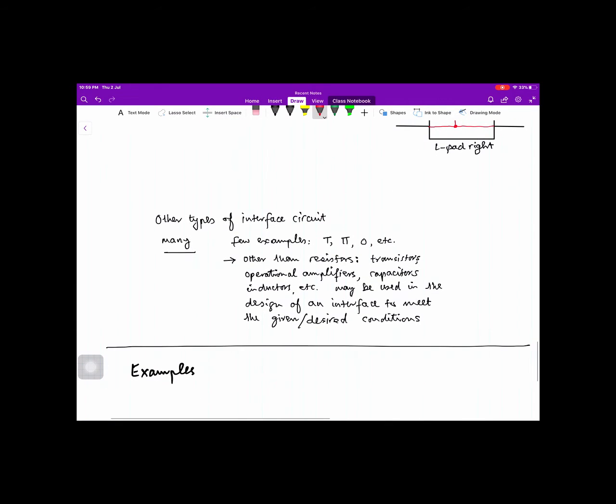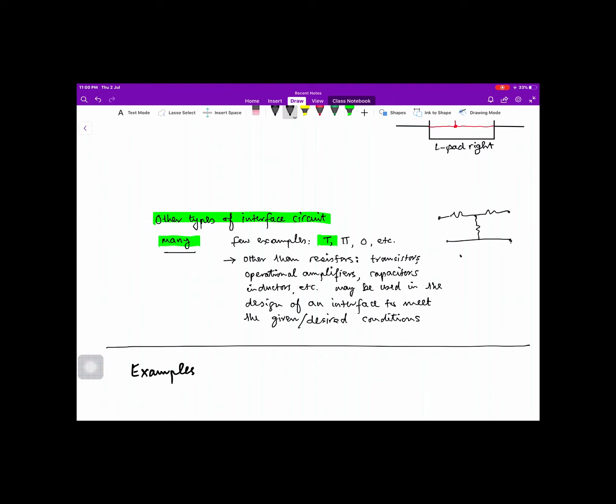There are many types of other interface circuits we can use, and a few types I can mention here. It is a T-type interface, and I will show it here. T-type interface is like this, and this is due to the letter T. So this is the input side and this is the output side, or input port and output port.